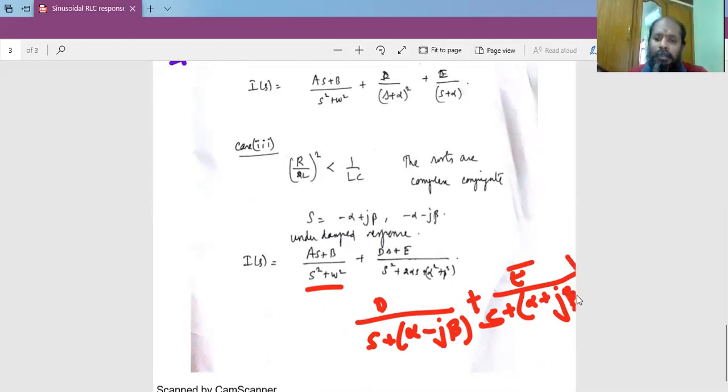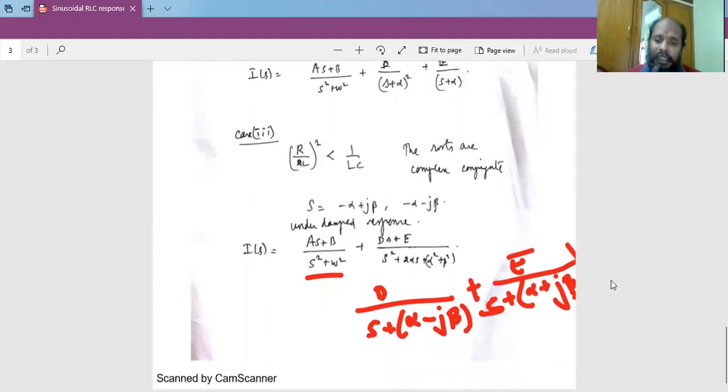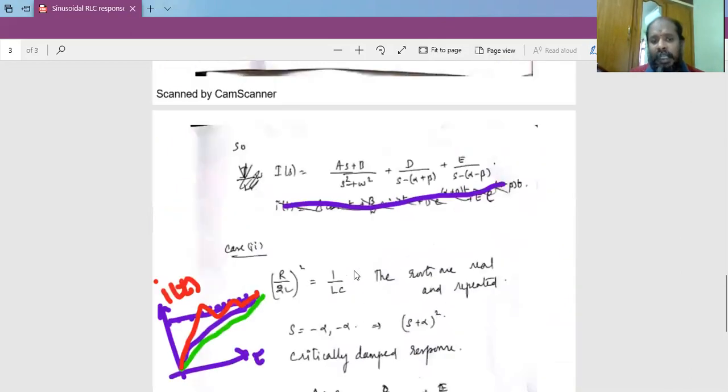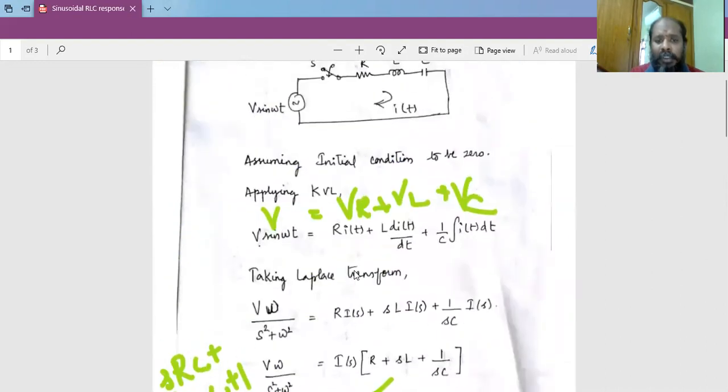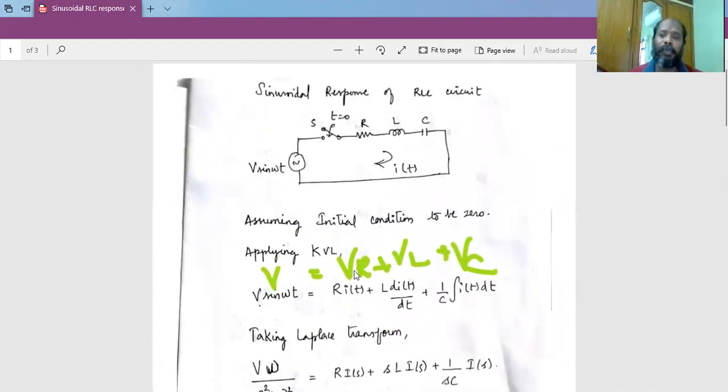That is also possible. Otherwise, if you multiply these two factors, you will get an expression like this. Because this is a complex conjugate term, you can have it as this. So you can have this type of expression or this type of expression, and this is what you call the underdamped response.